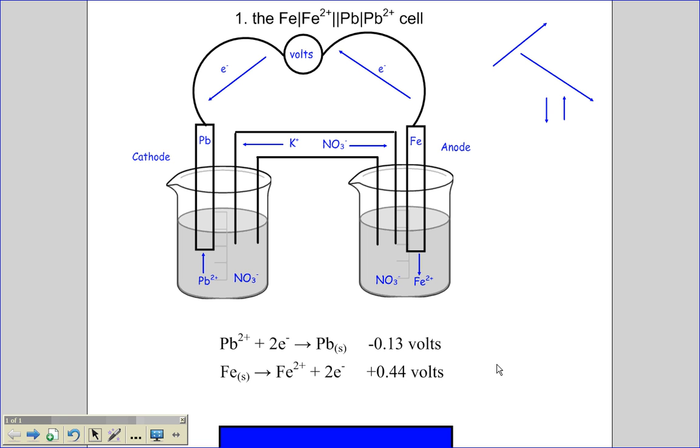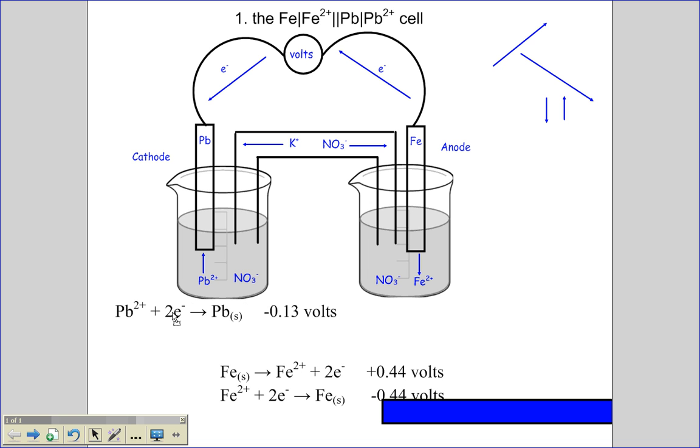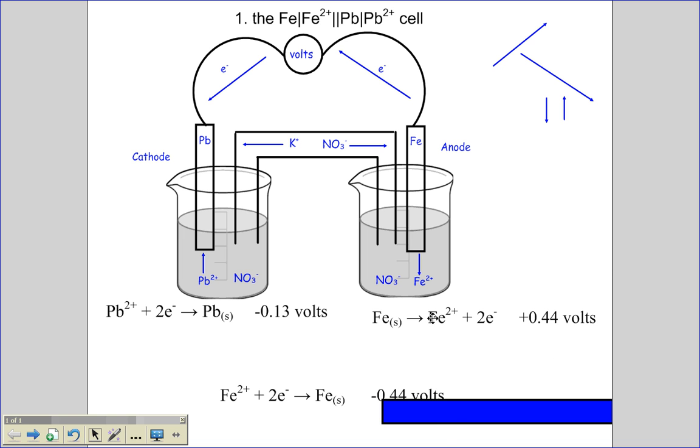And the only remaining thing is to figure out what would be the total voltage. To do that, we can take a look at the original ones. There's that half and there's this half.